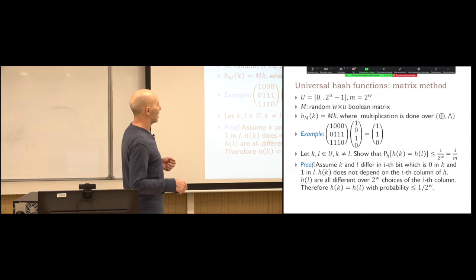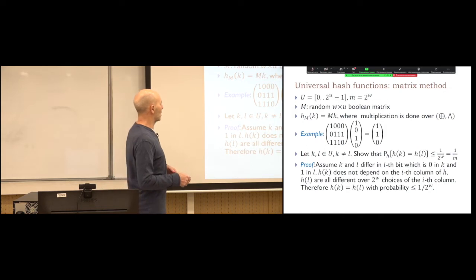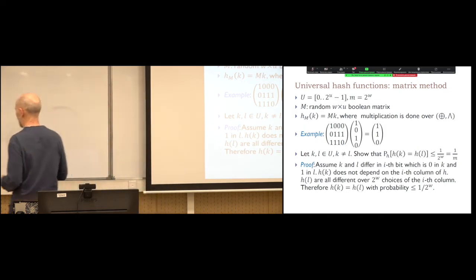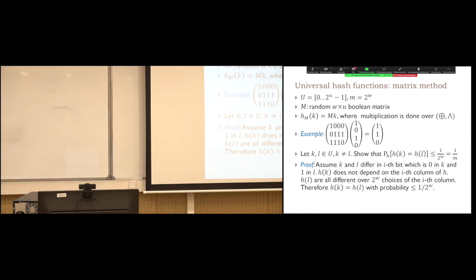Assume that k has 0 in this bit and l has 1, for example. Now maybe I should draw something. We have our matrix, we have k. So k has 0 at this place, i.